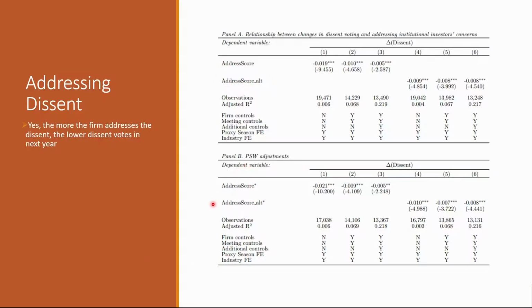They have propensity score matching type things going on, and the number of no votes goes down when the company is addressing that rationale. So it does seem like by addressing that rationale, they've been responsive to the shareholder vote, and the shareholders vote no less often.